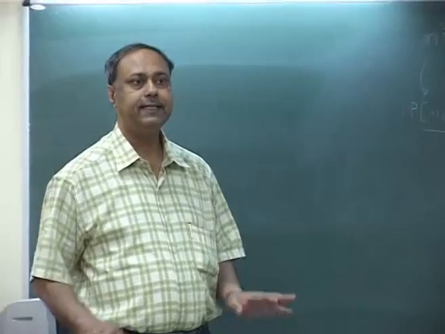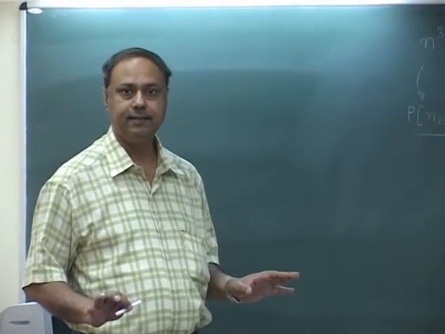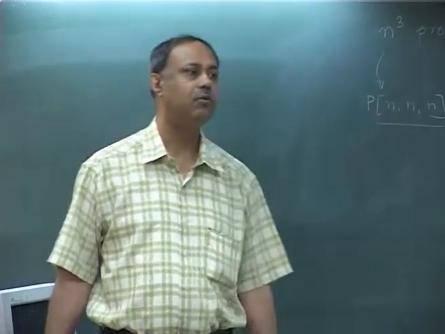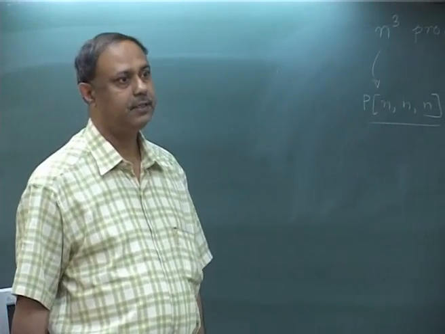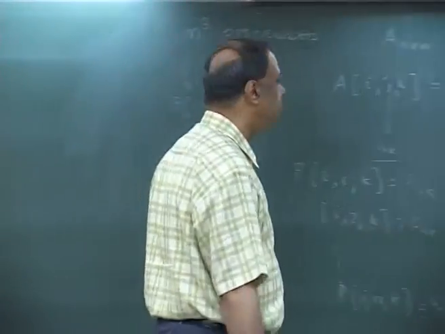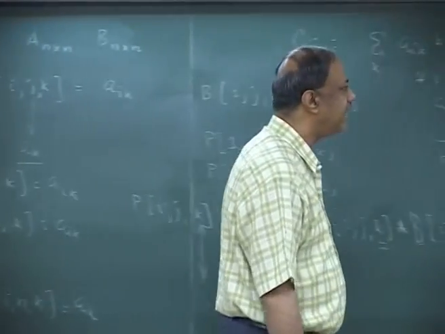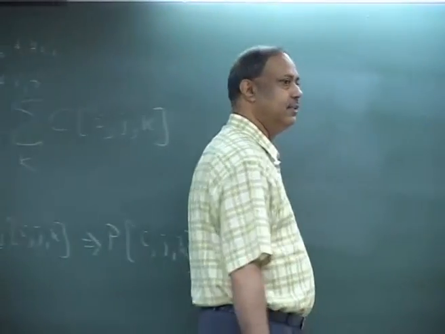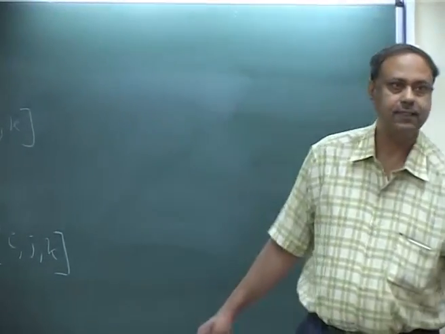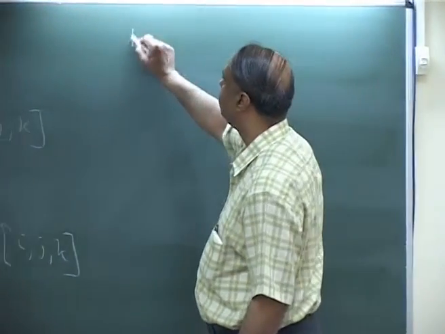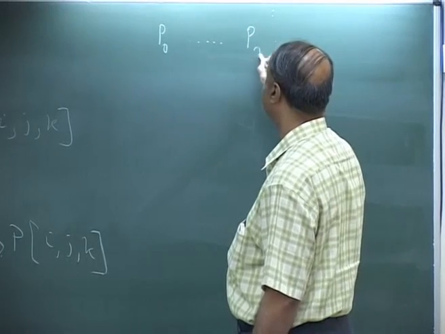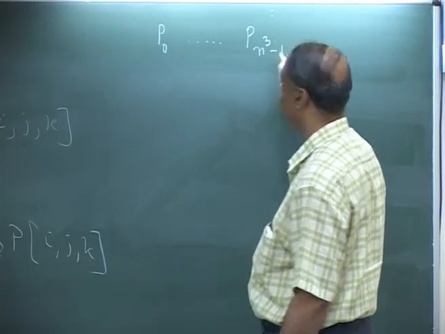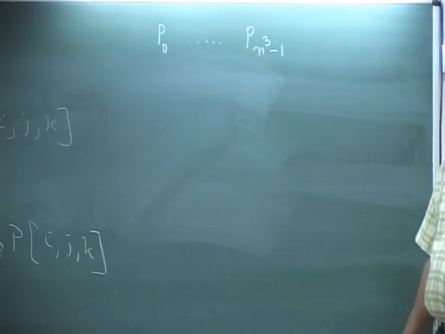So now the problem is clear. Now let us think how we can do it. Now since it is n cube processors, the processors can be defined as P0 to P n cube minus 1, right?